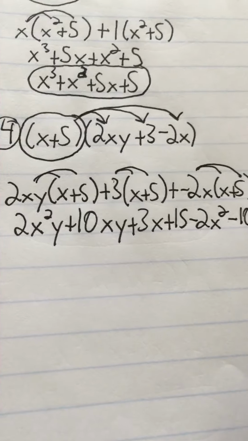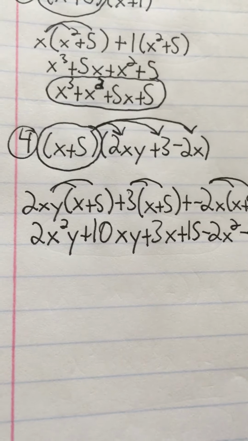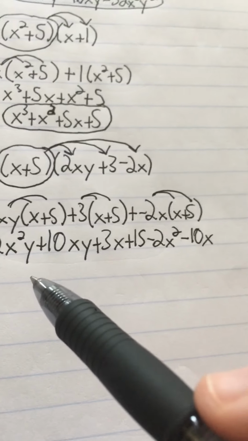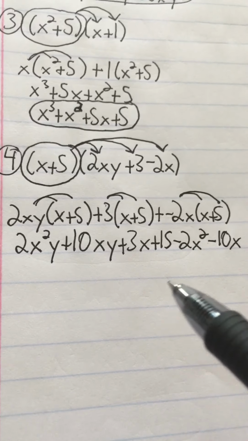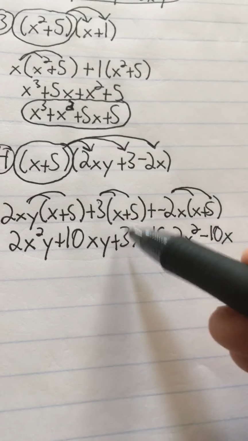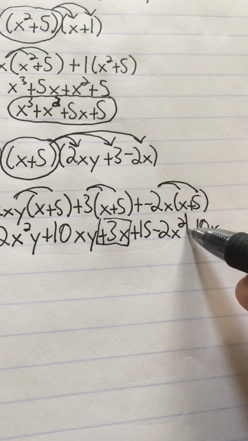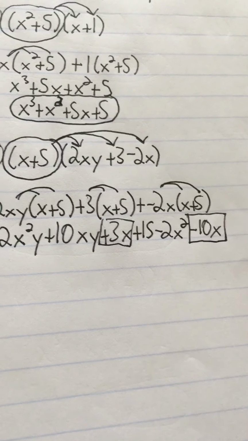Now here comes the part that's a little tricky, to see if we have any like terms left. I see one like term. We have this plus 3x and this negative 10x.